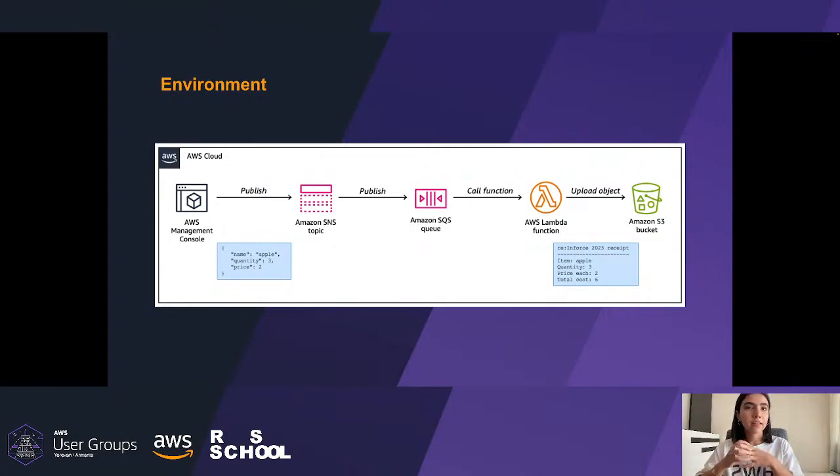It means that any changes in SQS should be viewed as triggers, as I mentioned, to cascade any kind of action from the Lambda function, in this case the Lambda function execution itself. Then our Lambda function is going to process this message and upload the receipt or file to the S3 bucket.